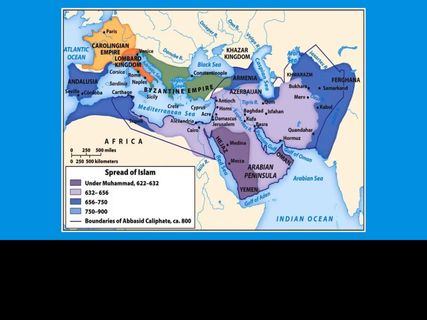And this is the map that I was talking about in section 1 that shows you the different areas of Islam that were conquered at different times. You can see here in the dark purple where it all began with Muhammad and his radical new teachings. You can see that it spreads north, northwest, south, east, and northeast.